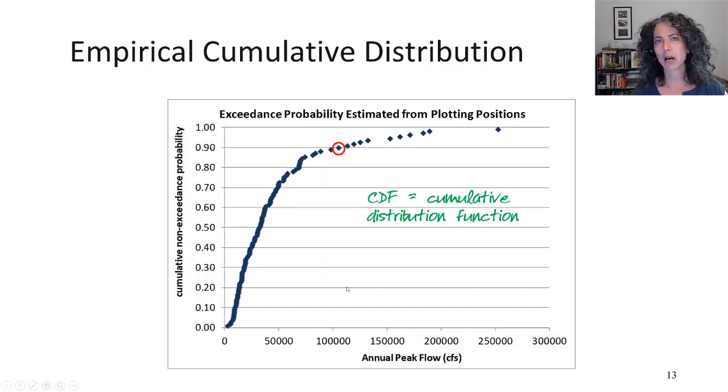So here's our data plotted like the CDF shown in the previous slide, where we've got flow on the horizontal, we've got the cumulative probability on the vertical, and here is our circled value at 105,000 CFS. To plot the frequency curve form, the first thing we do is we switch the axes.